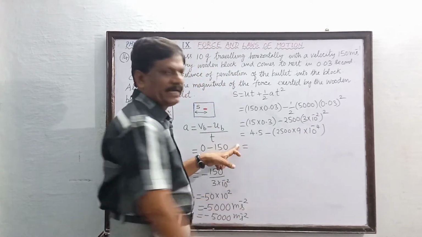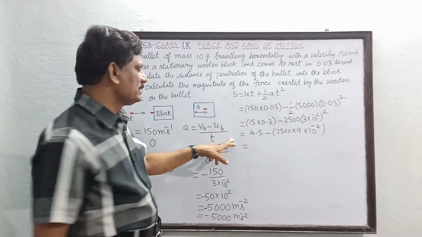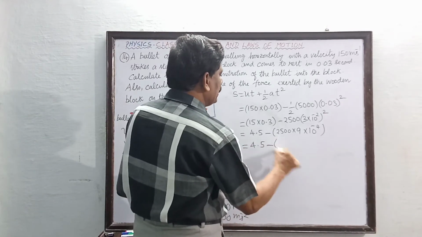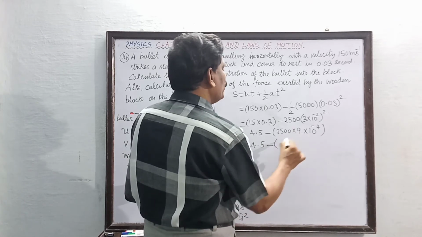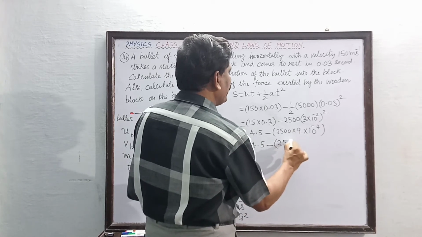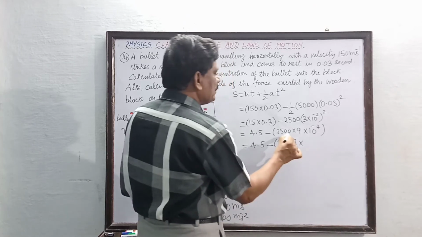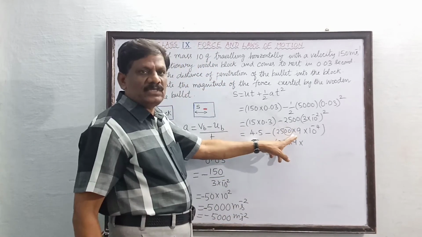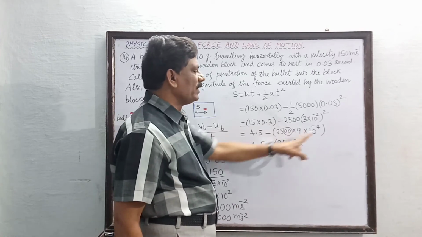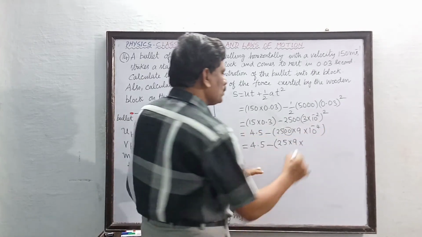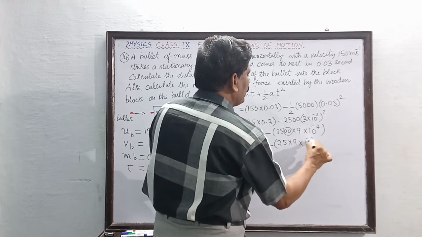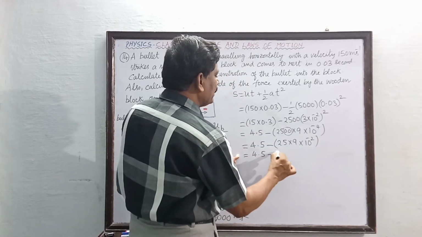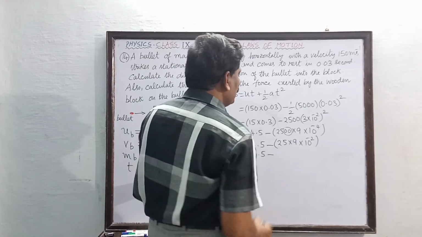This type of calculation you will have to practice well. Understand? So 4.5 minus 25 into 9, where the two zeros make 10 power 2, and with 10 power minus 4, totally it becomes 10 power minus 2.